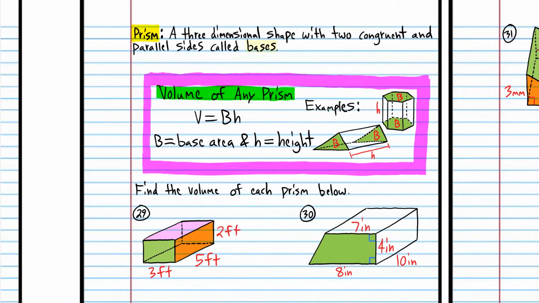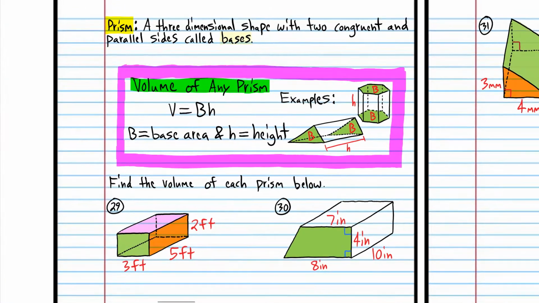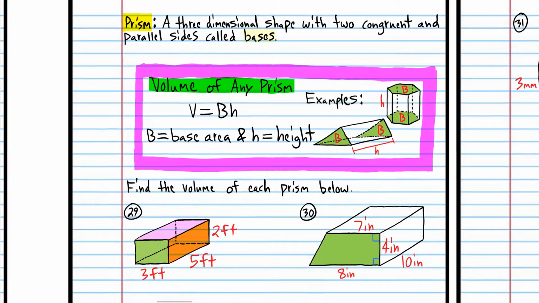Now recall in a previous class we learned the idea of a prism. A prism is a 3-dimensional shape with 2 congruent and parallel sides called bases. That's not a very detailed definition, but it's all we need for this course. So these are examples of prisms. You see the colored green part, those are the bases, and they're congruent and they're parallel.